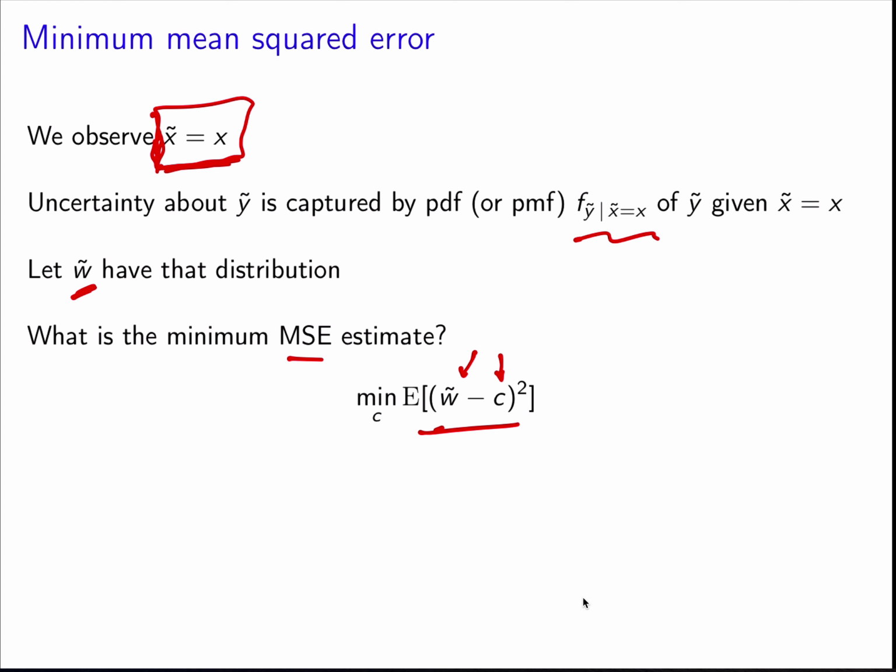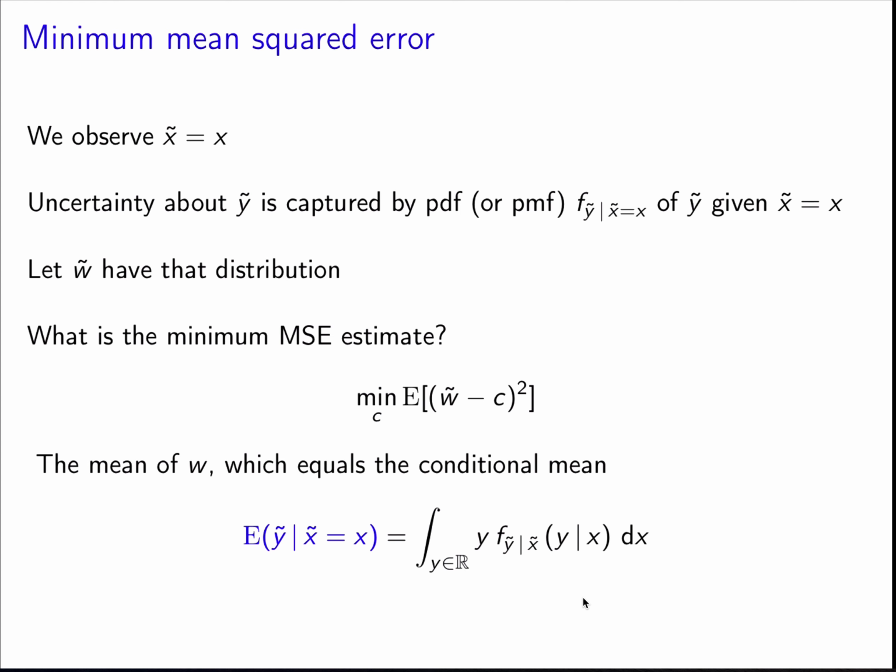The solution to this we have just proved is the mean of the distribution of w, which is the conditional distribution of y given x. So this proves that the minimum MSE estimate is just the conditional mean.